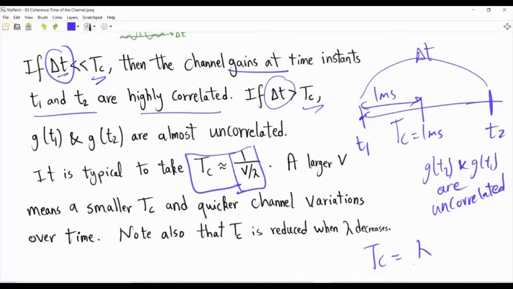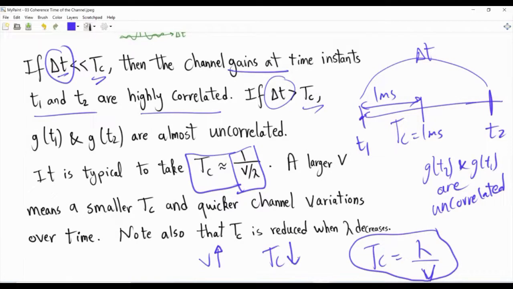Don't take this expression seriously. It's sort of proportional to, but this is what is needed, even if you want to design a practical system. So this very simple expression, what does it tell you? It tells you that as v gets larger, so if v increases, what happens to the coherence time of the channel? It goes down. Makes sense.